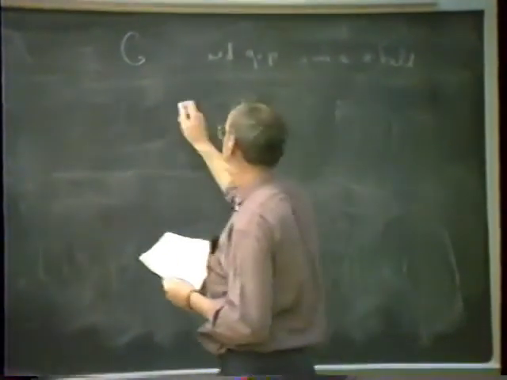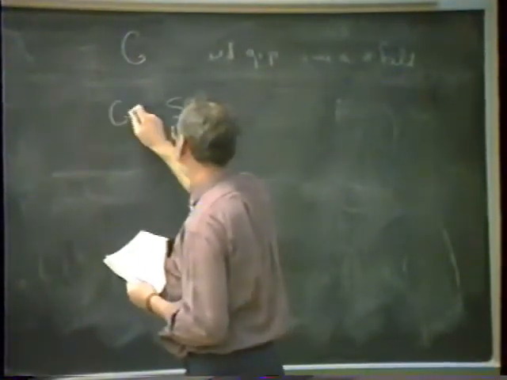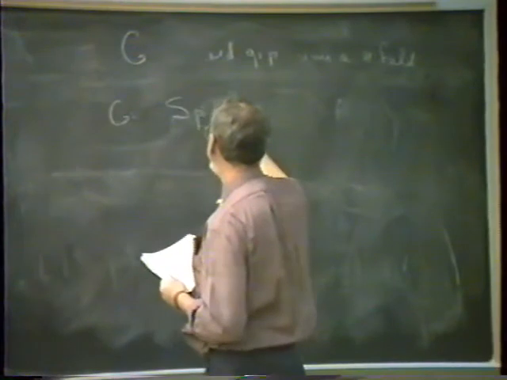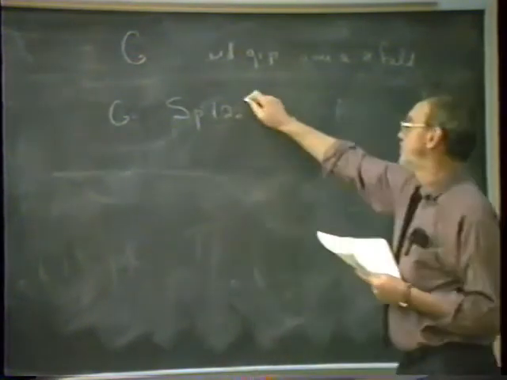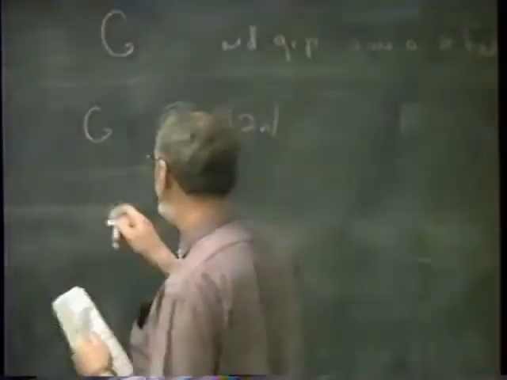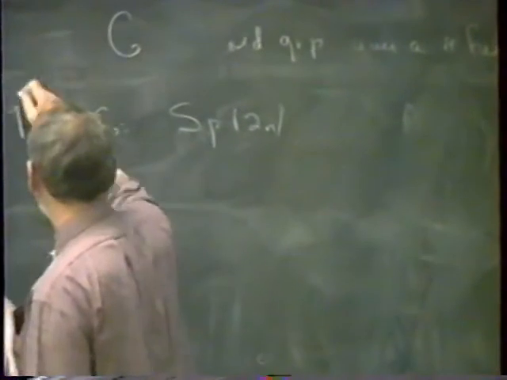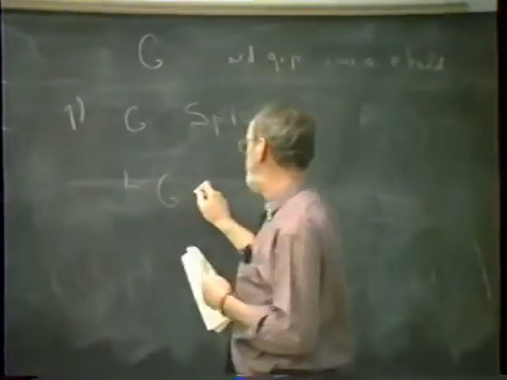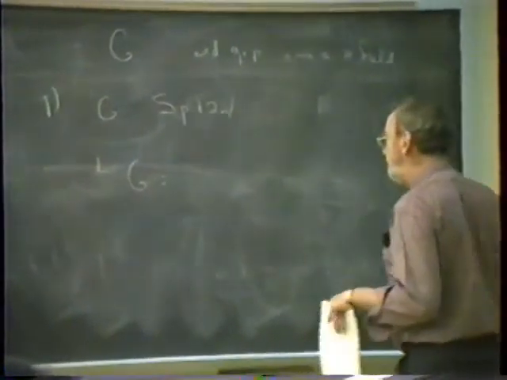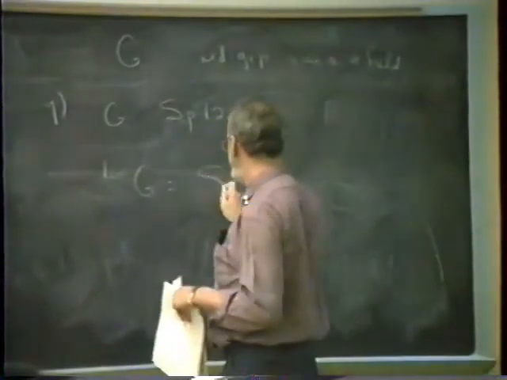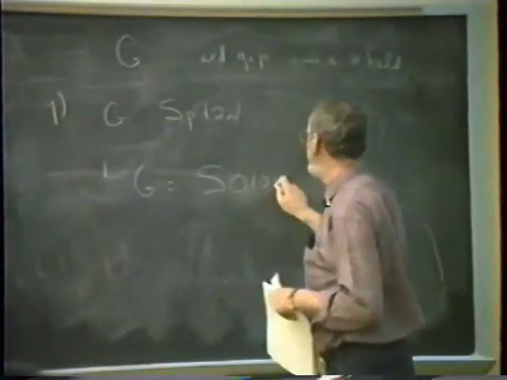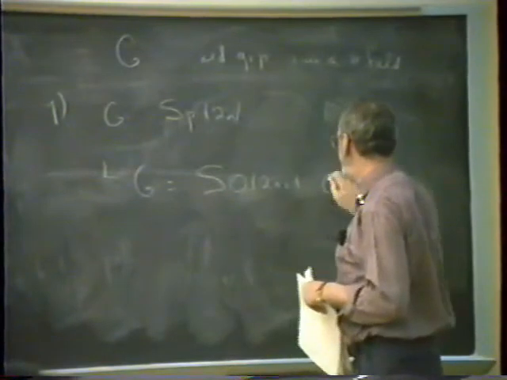For example, I can take G to be the symplectic group in 2n variables over the field, just the ordinary symplectic group. And then there's associated to G, this is the first example, a complex group which is called the L group, and that I can think of as the special orthogonal group in 2n plus 1 variables, but this is just an ordinary complex group.